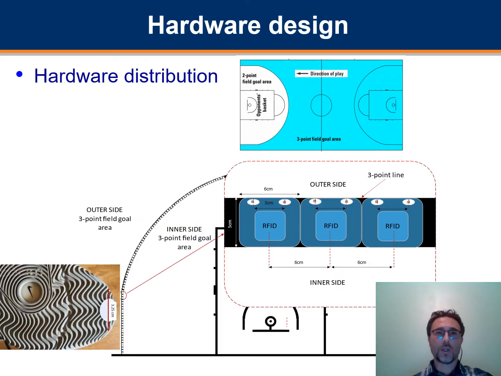This is the hardware distribution, so we can see the basketball field and the two semicircles where we have the 3-point line. Now, to identify the contact with the line, we have to implement a system to identify this.